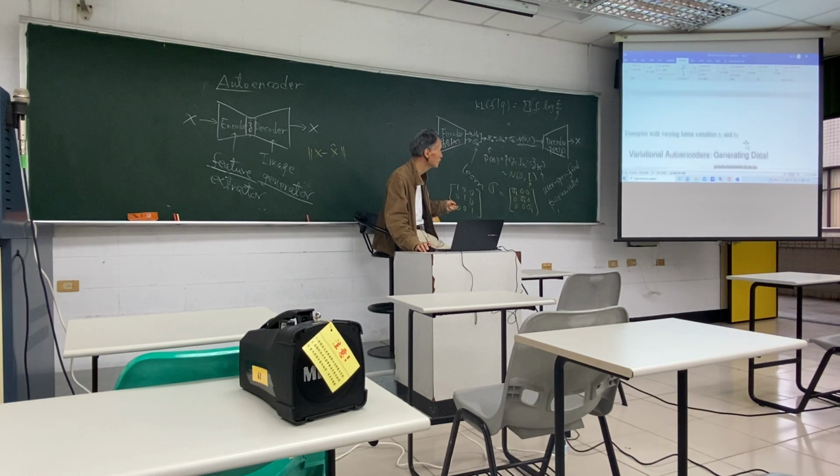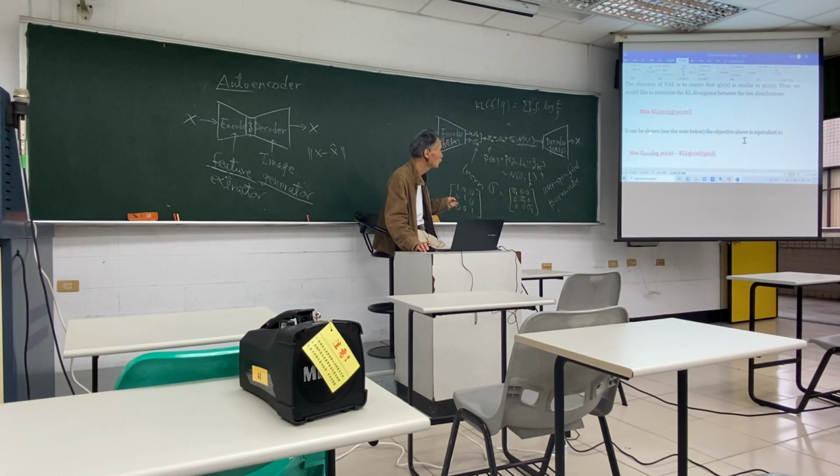I will skip that, but I let you see how you can take a look, because it needs a lot of mathematics. Anyway, that's the objective, okay? I already mentioned that.